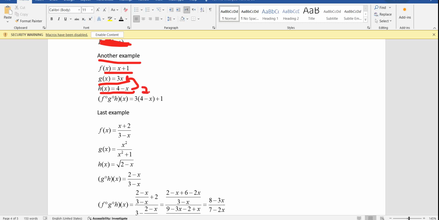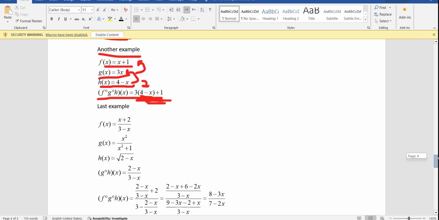It's going to be like this, 3 multiplied by 4 minus x, and then take this and substitute it here, so it's going to be like this, 3 times (4 minus x) plus 1. What's the domain? Domain is from minus infinity to infinity, and the range is from minus infinity to infinity, because it's a polynomial function.